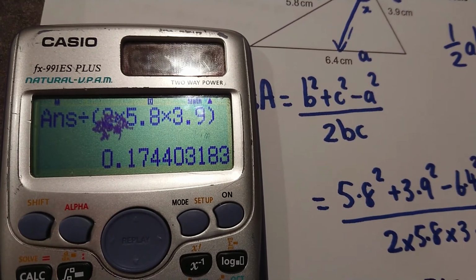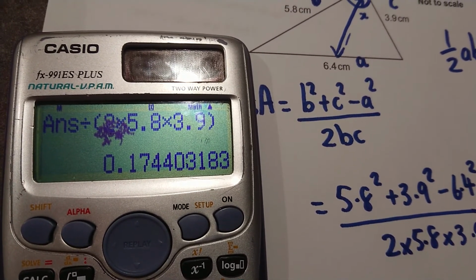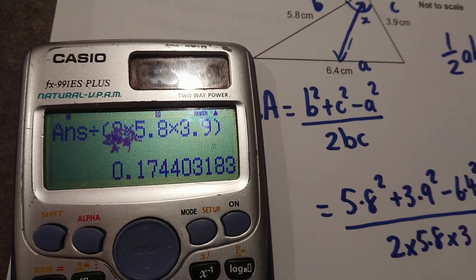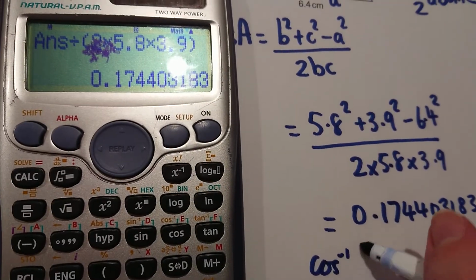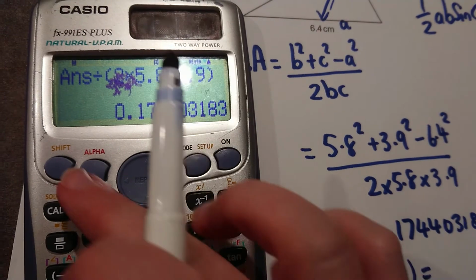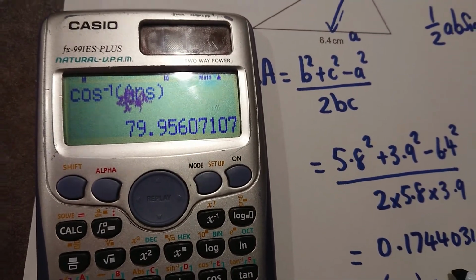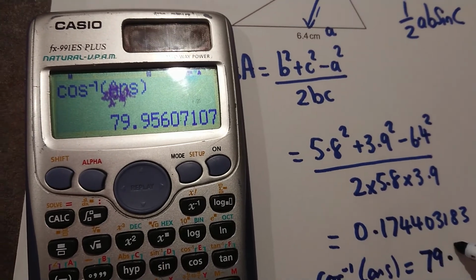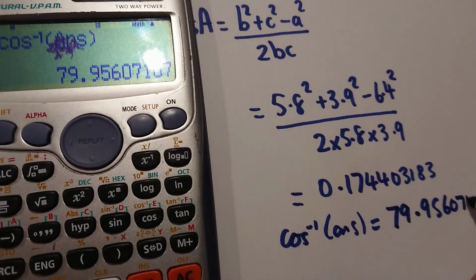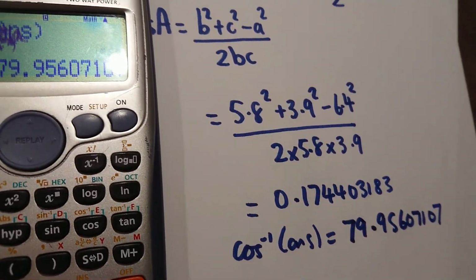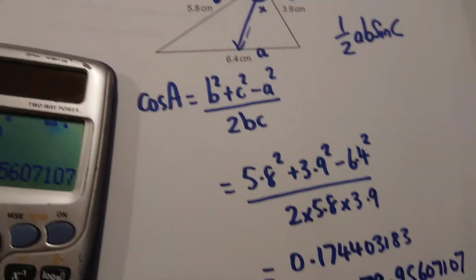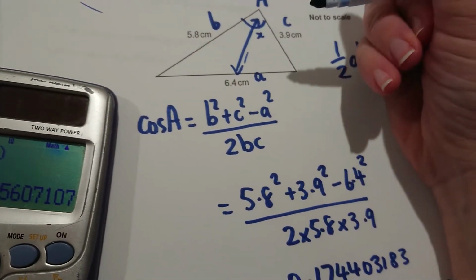That is because I have found cos A and not A. So I need to do cos to the minus 1 of my answer. So shift cos answer. That gives me 79.9, and I'm going to write the whole thing down because I've not yet finished. So now I know that angle up here is 79.9560.